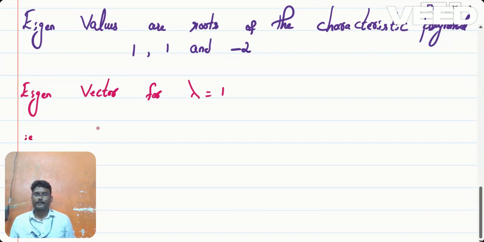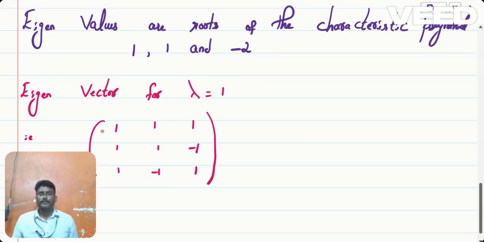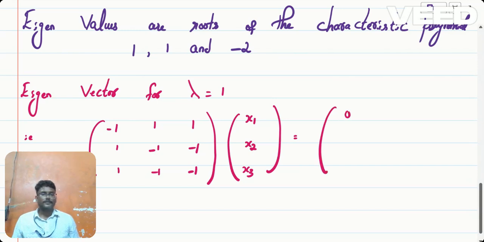A minus lambda I gives minus 1, 1, 1, 1, minus 1, minus 1, 1, minus 1, minus 1 times x1, x2, x3 is equal to 0, 0, 0.